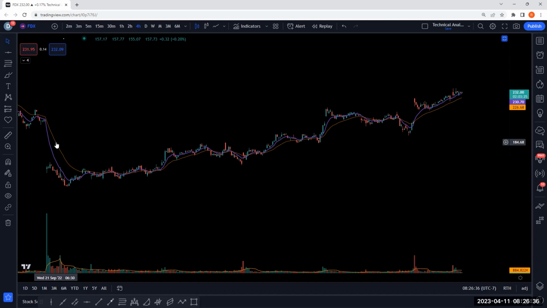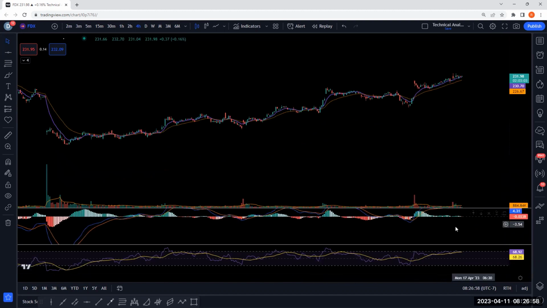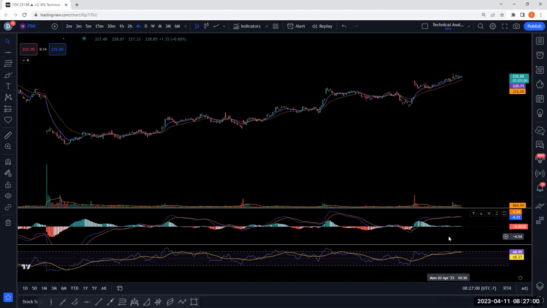Even though overall we are in a downtrend on this stock, right now we're actually in an uptrend on this time frame for the time being. So you want to be able to use those indicators to help you. A couple of other ones that people like to use are MACD, the moving average convergence divergence.